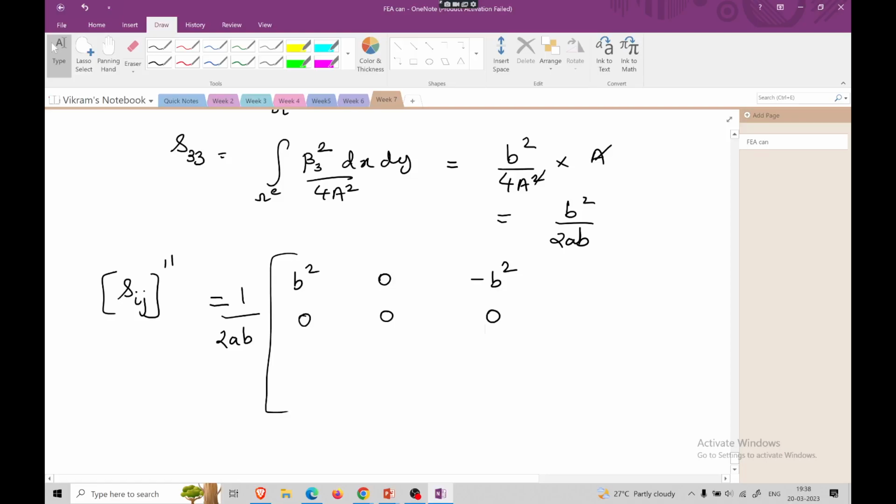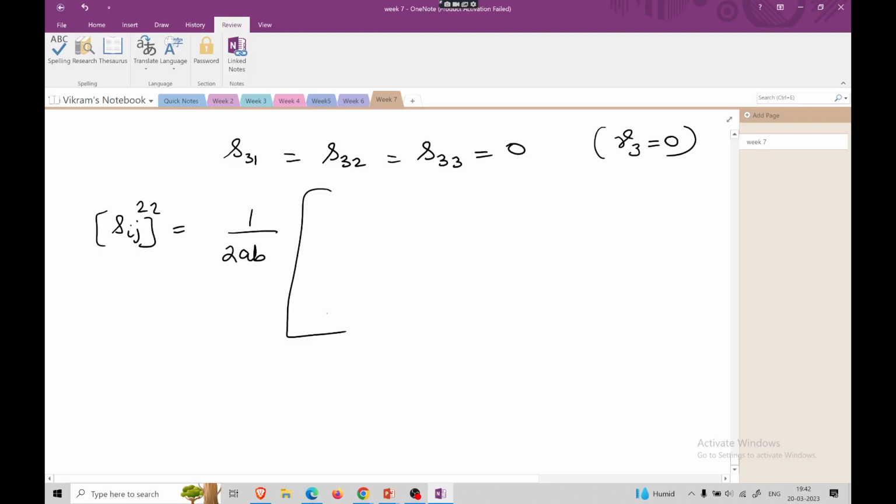So if I want to summarize this Sij, what will it be? It will be 1 by 2ab times a square, minus a square, 0; minus a square, a square, 0; 0, 0, 0.